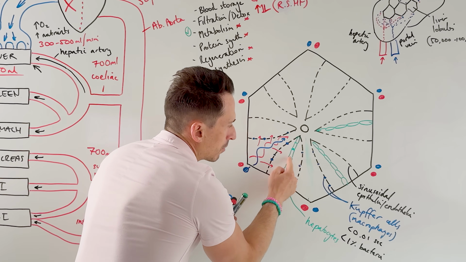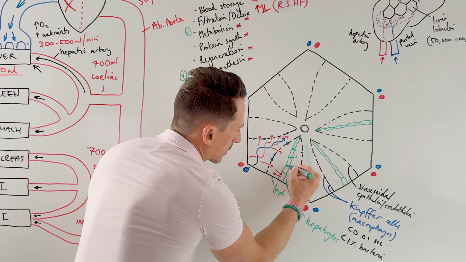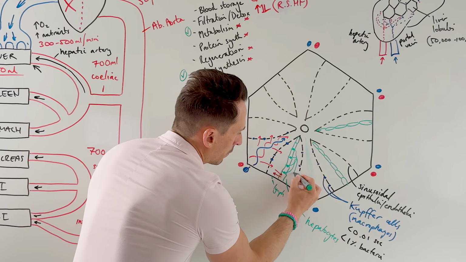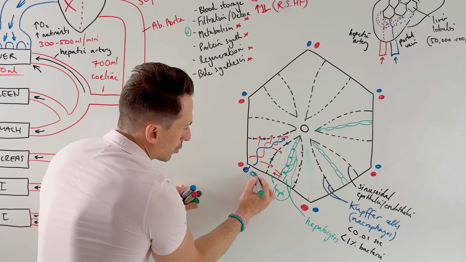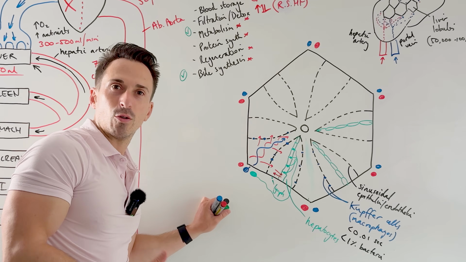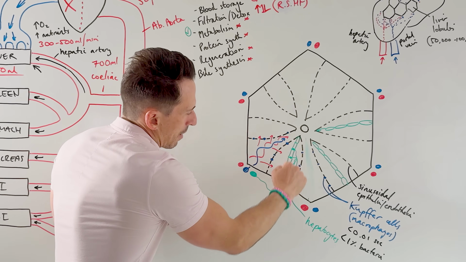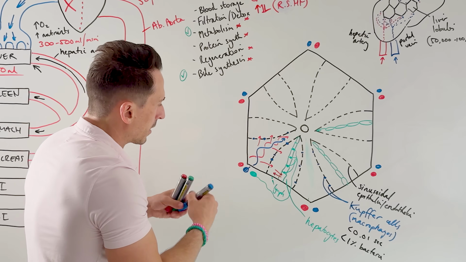So the hepatocytes can produce bile, and they end up coming together in like these bile vessels. And these bile vessels end up draining into another duct or vessel. This is the bile duct, right? So the hepatocytes are producing bile and draining it here. So we've got three things.